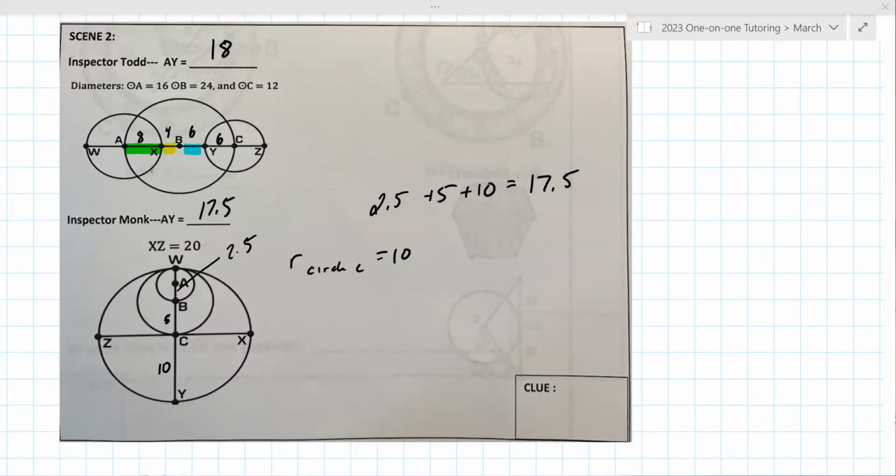So slide 9 and slide 10 are what we just did. Slide 11 is to choose the clue. Since the one on top is larger, the clue is U equals 21.